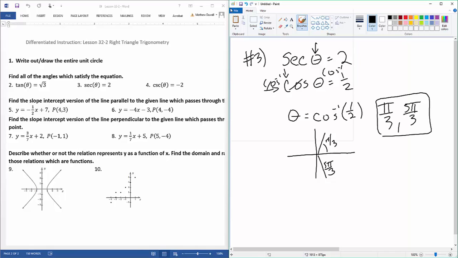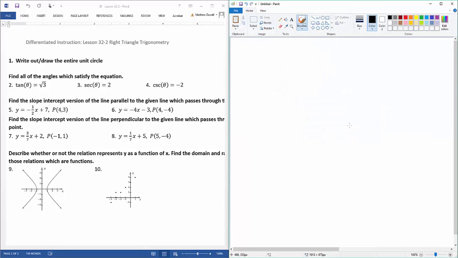The next one says find the slope-intercept version of the line parallel to the given line which passes through. Okay, well, so for number 5, my parallel slope is going to be negative 1/2 because it's the same slope that it gives me, right? So the slope here is negative 1/2, and so the parallel slope is going to be negative 1/2.